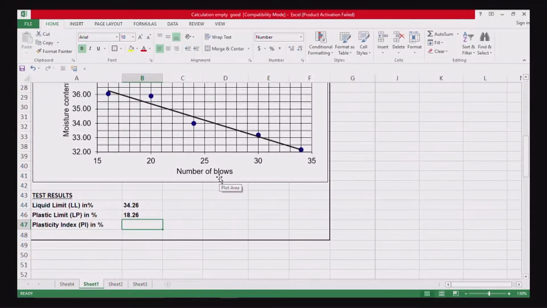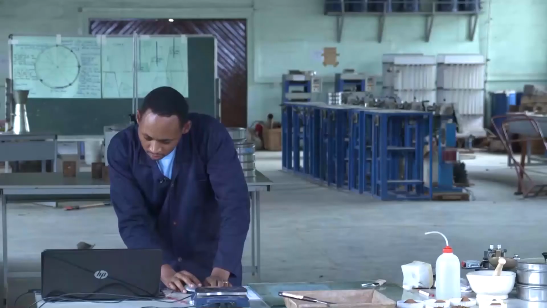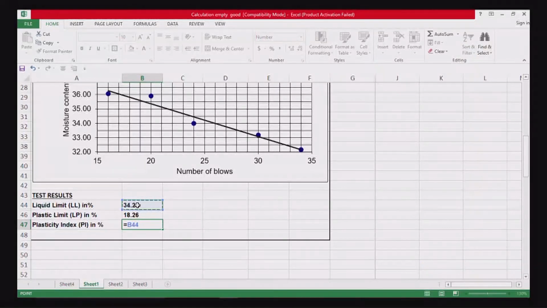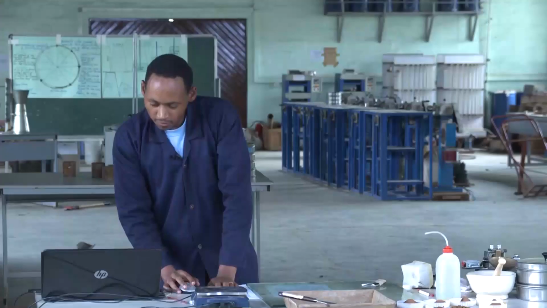Then we calculate the plasticity index, which is the moisture content of liquid limit minus plastic limit. This is the plasticity index.